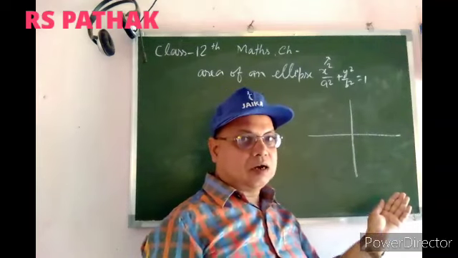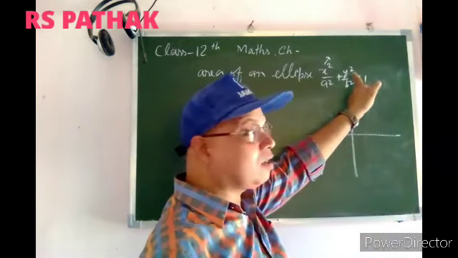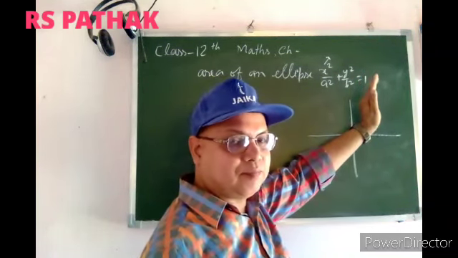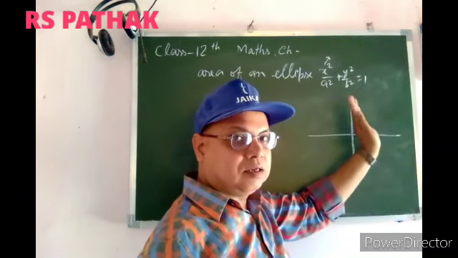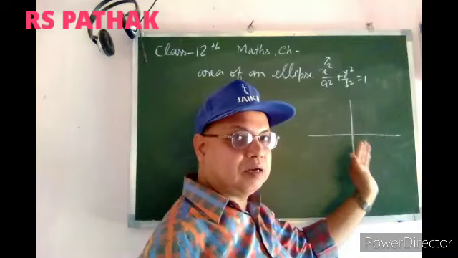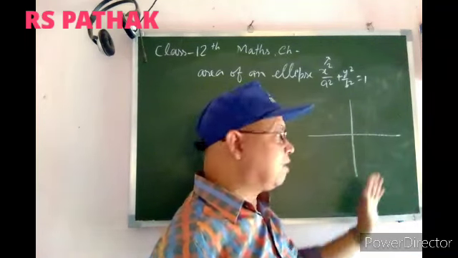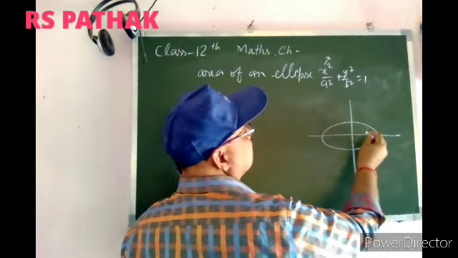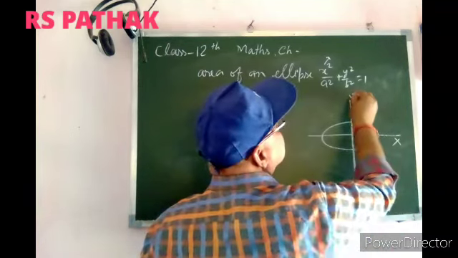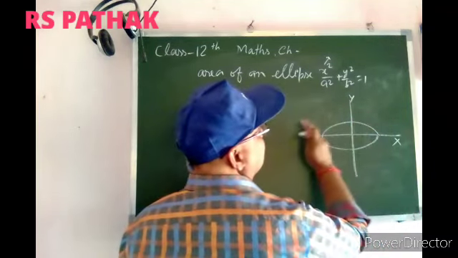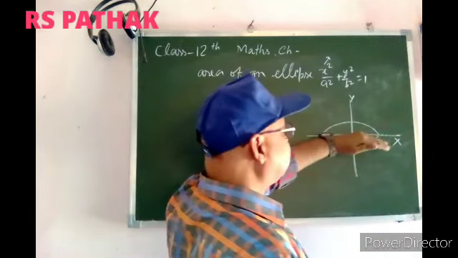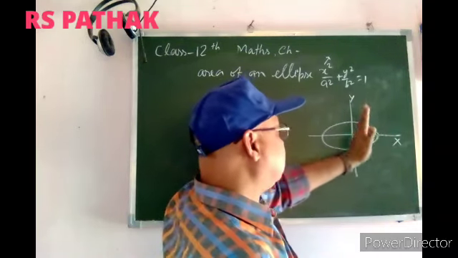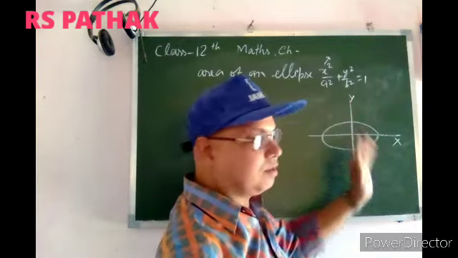The power of y is 2, so the shape of the figure is the same about the x axis. Therefore, the figure is the same about the x axis and the same about the y axis.